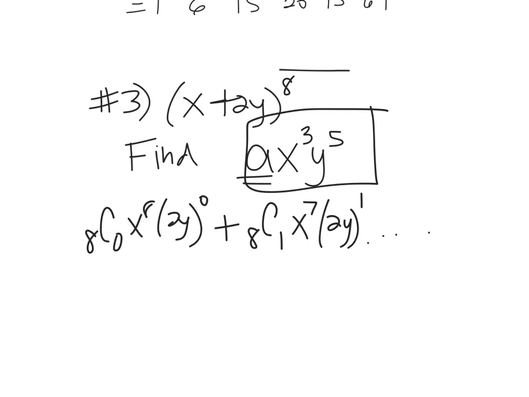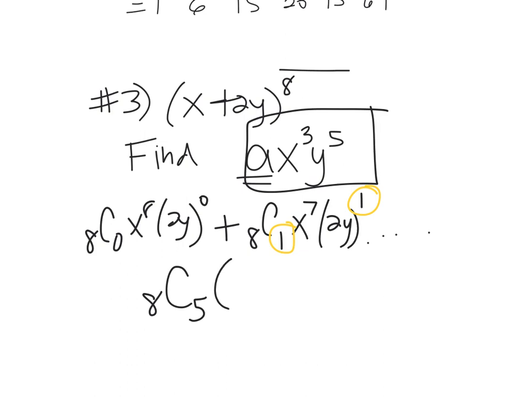We know it's 8C something. Now remember, I wanted you to notice that when there's a 1 here, the second term has a 1. I pointed that out earlier for this reason. This is going to be 8C what? 5. It's always the same as the second number, 8C5.